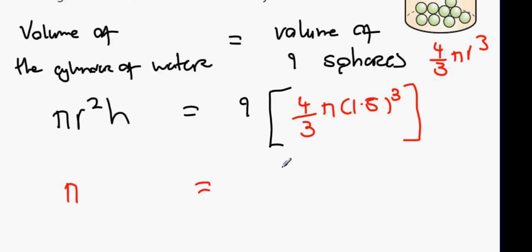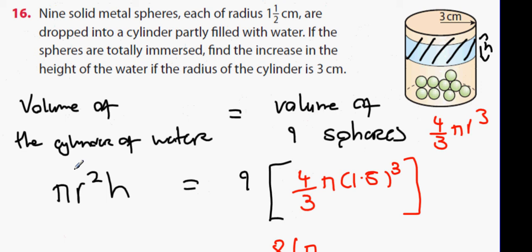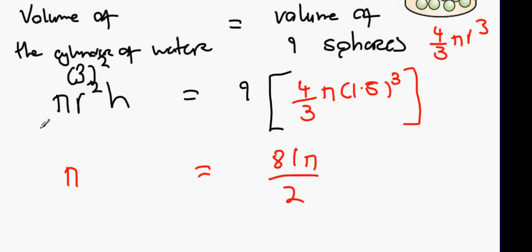Pi r squared h equals 81 pi over 2. Now, next question I'm going to ask is, what's r squared for the cylinder? What's the radius of the cylinder? 3 squared. 3 squared is 9. 9 pi h equals 81 pi over 2. What can we do with the pi's, guys? Cancel. Where does the 9 go?